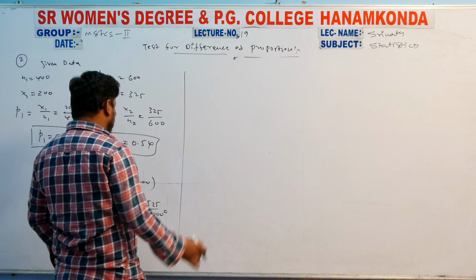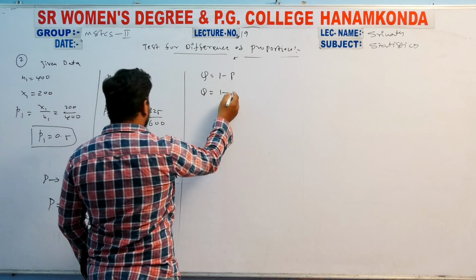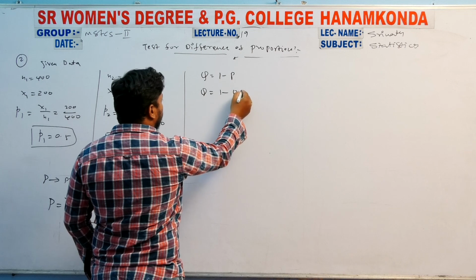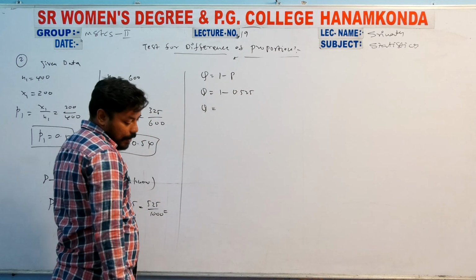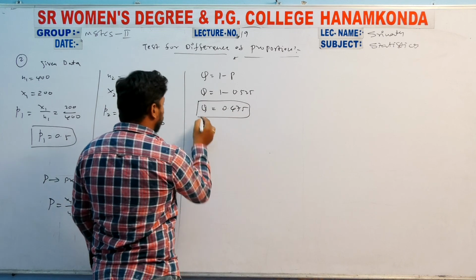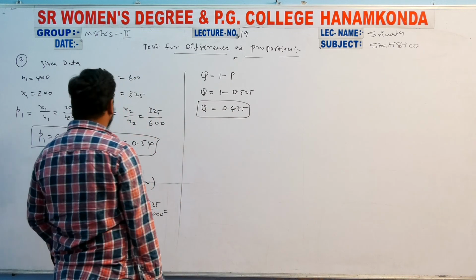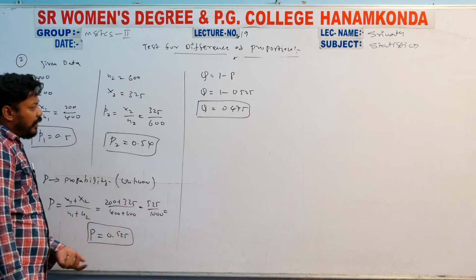And also the Q value is 1 minus P, Q is equal to 1 minus 0.525, and the Q value is 0.475. Now we have proportion P1, proportion P2, and the capital P value and the capital Q value.